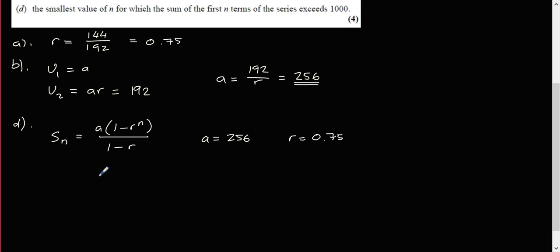So our general formula is a times 1 minus r to the n, divided by 1 minus r. We know that a is 256 and we know that r is 0.75, and what we're trying to work out is where this sum first exceeds 1000. So we're looking for a(1 minus r to the n) over 1 minus r greater than 1000. We'll substitute in all the information that we know.